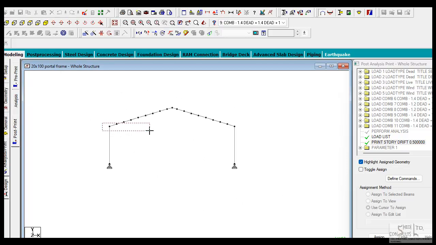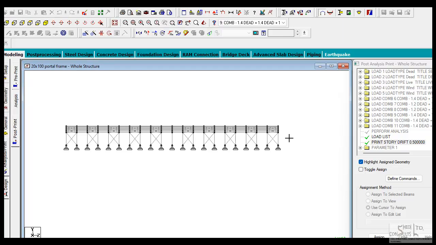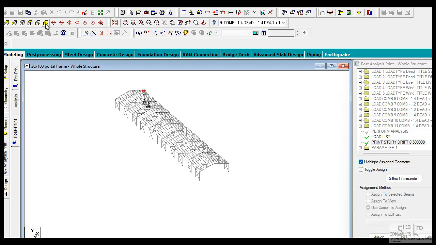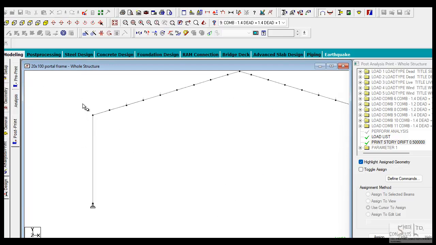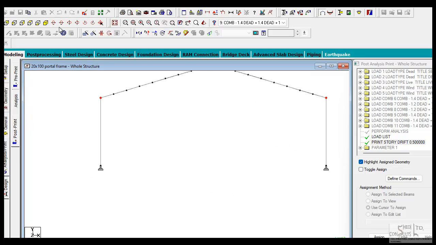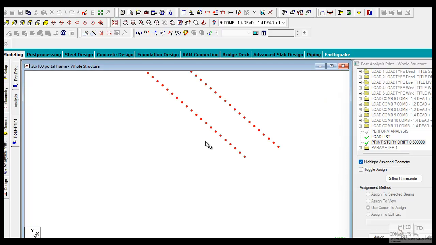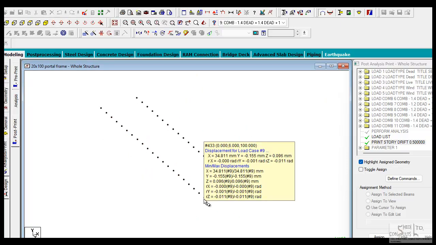So let's look at this as an example. This is at elevation 6.